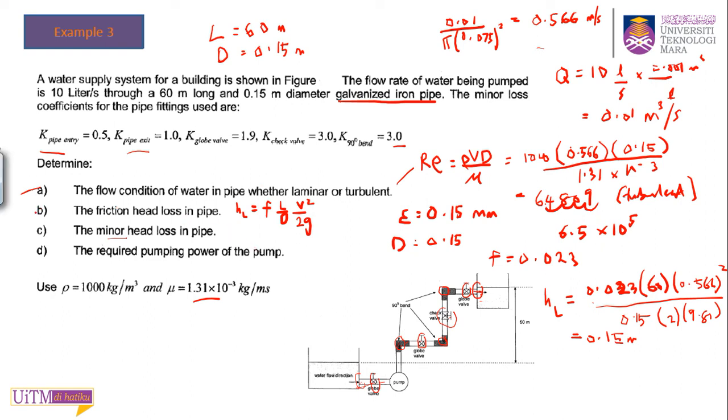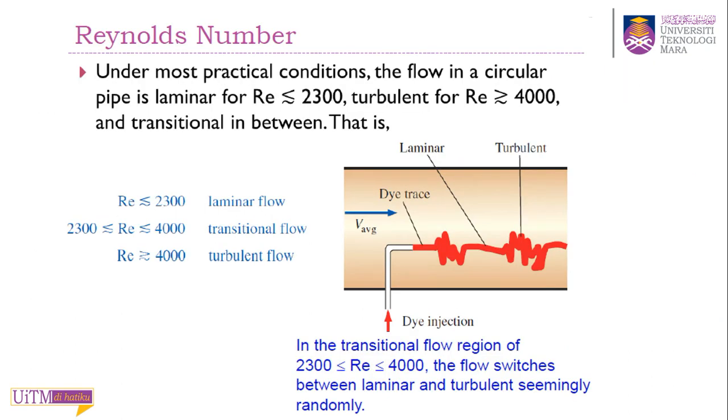Then they ask you to find the minor loss, the minor head loss. So HL minor equal to KL times, is it V squared?